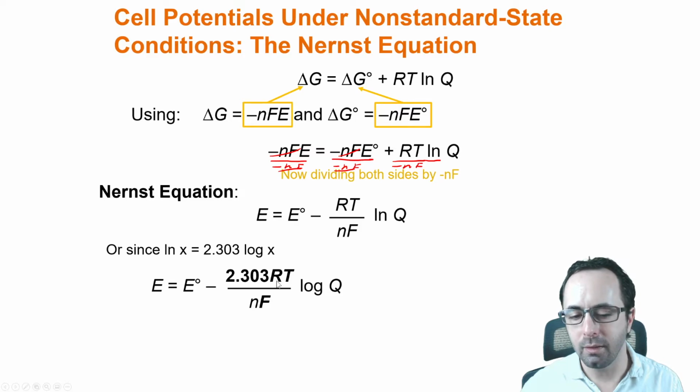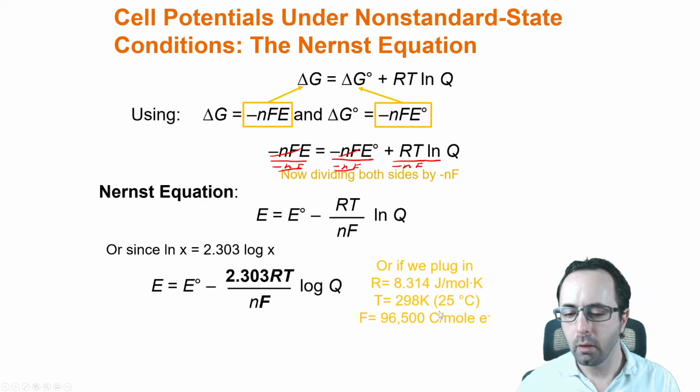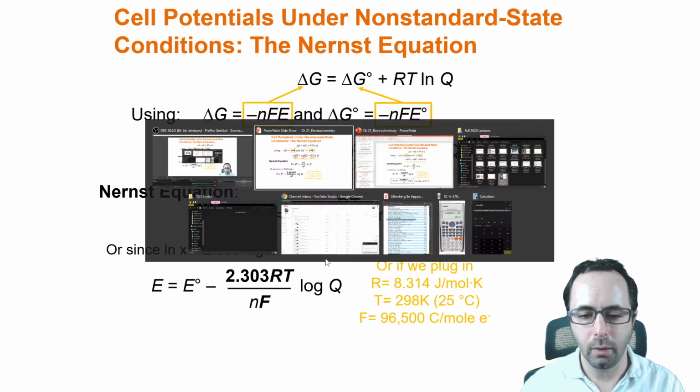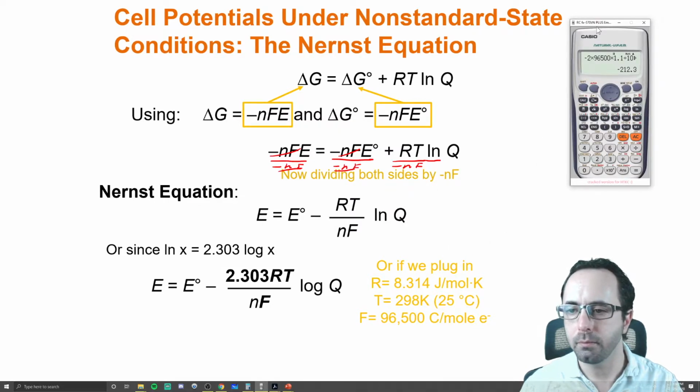Finally, R is 8.314 joules per mole Kelvin. F is 96,500 coulombs per mole of electrons. And so if you plug those in and you plug in 298 Kelvin for temperature, we can calculate those.